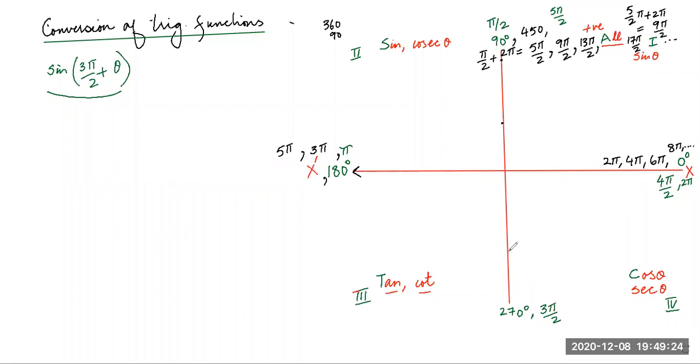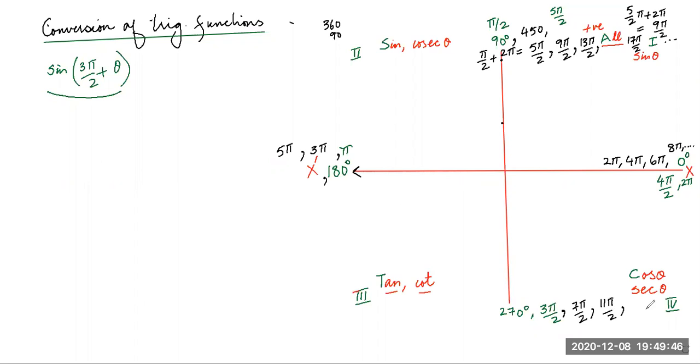Okay. Now, what are the angles on this? This is 270. 270 is 3 pi by 2. What is the next angle? Just add 2 pi to 3 pi by 2. So it will be 7 pi by 2. Right? What is the next angle? It will be 11 pi by 2. Right?